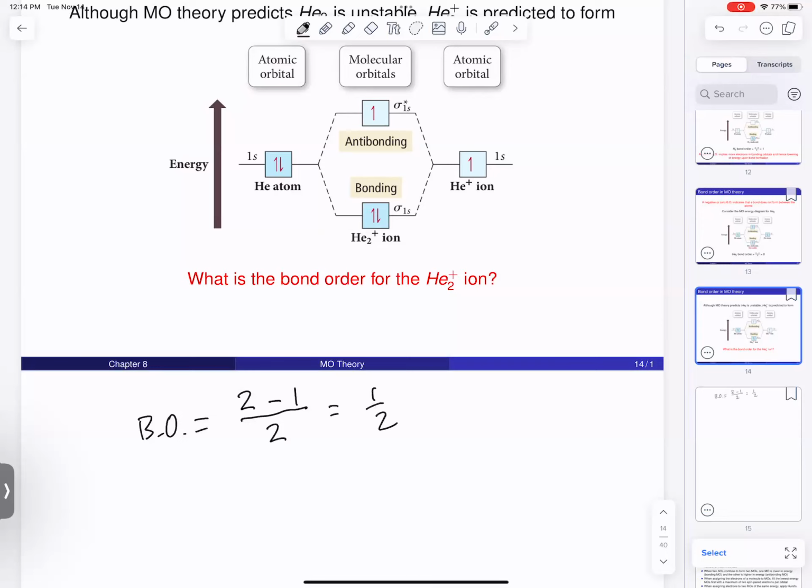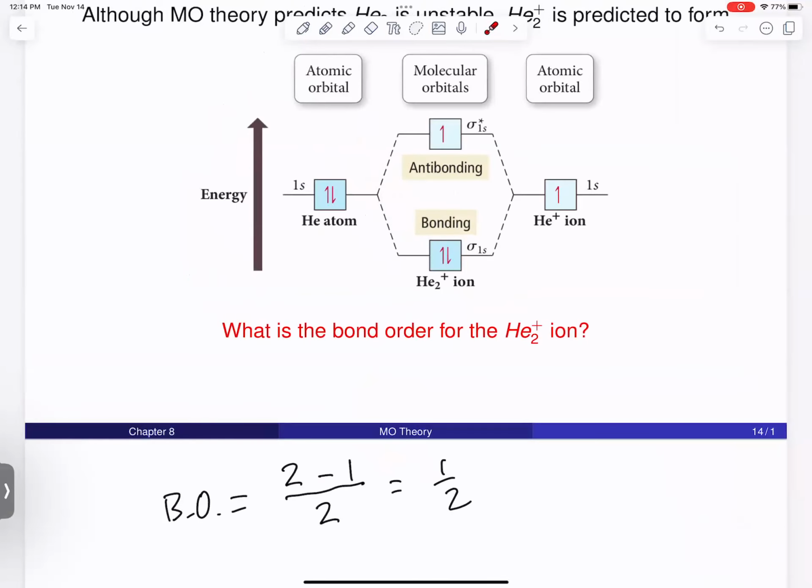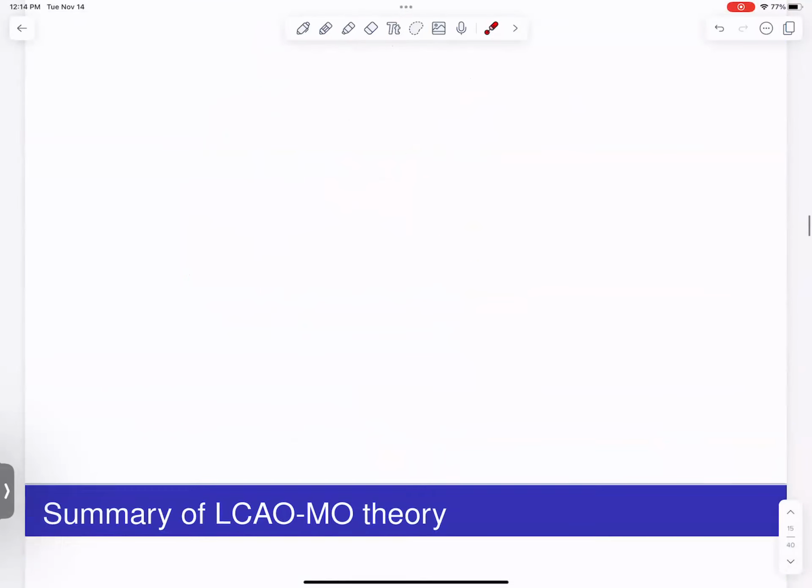So we predict a bond order of 1/2, which means that we would expect to be able to observe this molecule. Now, it's not a particularly strong bond, and it might not be a particularly stable molecule, but MO theory does predict that the helium-2 plus ion does exist, and in fact, we can observe that experimentally.